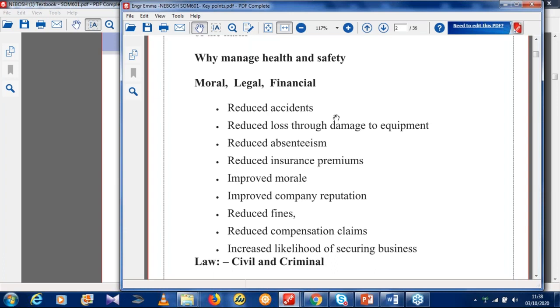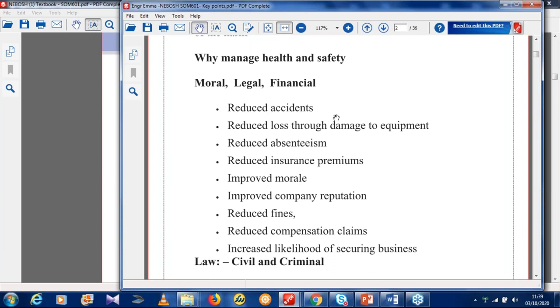You know that accidents can be very painful, and apart from causing pain, they can also cause a lot of costs. So we said that accidents or injuries or ill health can be very painful and cost intensive also. So to prevent this, what do we do?